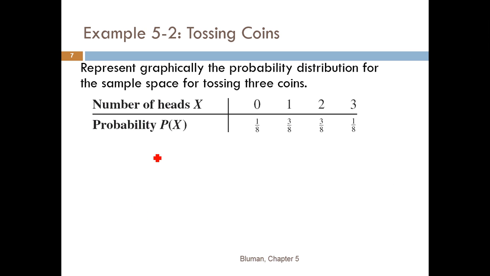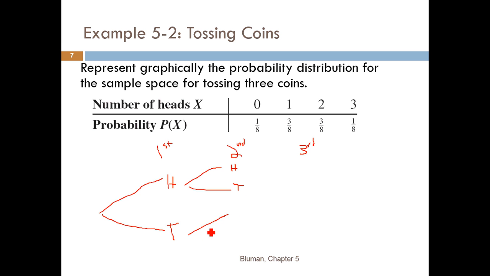So think of it this way. We are going to toss 3 coins. So we have the first one, our second one, and our third one. What are the possibilities? The first one could be a head or a tail. The second one could also be a head or a tail. If it was a tail the first time, it could be a head or a tail.